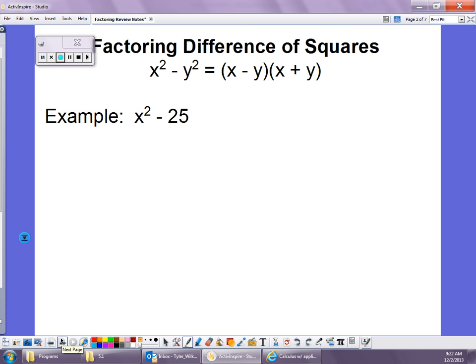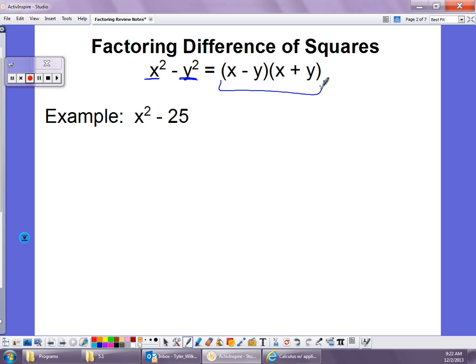All right, so the first thing we're going to look at is factoring a difference of squares. So this is a review from Algebra 2. When you have something in this form, x squared minus y squared, where both x and y are perfect squares, so that would be like 1, 4, 9, 16, and y is the same thing, perfect squares, you can factor it like this, x minus y, x plus y, where x and y are just the square roots of whatever these are.